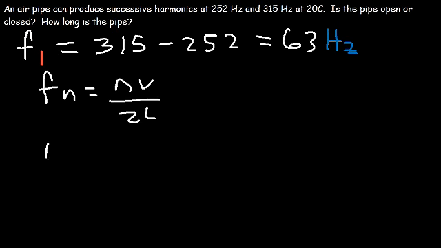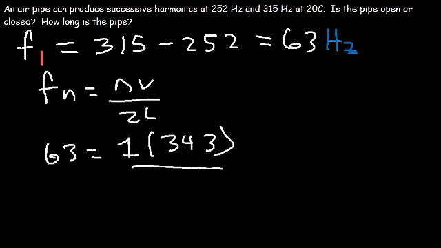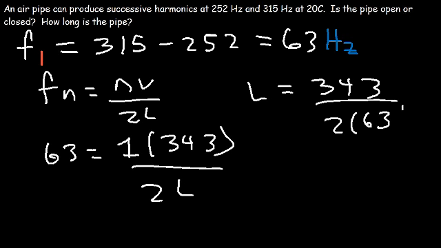So f1 is 63, n is 1, v is 343 at 20 degrees Celsius, and we're looking for L. So 343 divided by 2 times 63 will give us the value of L. 2 times 63 is 126. 343 divided by 126 is about 2.72. So that's how long the pipe is.